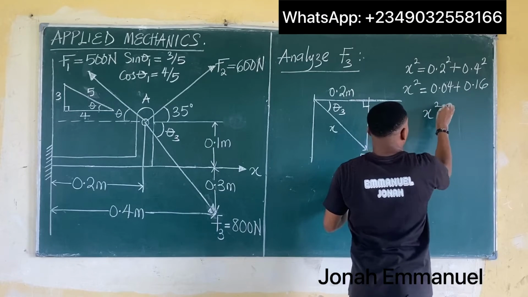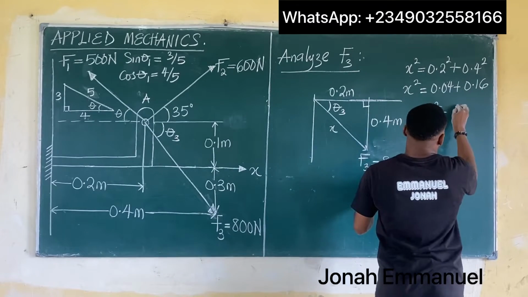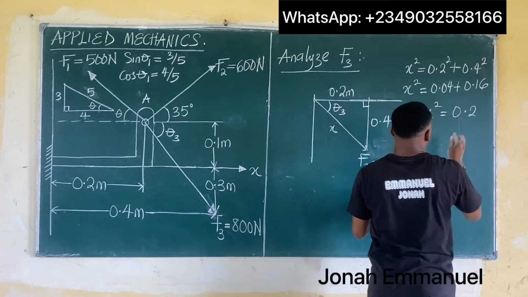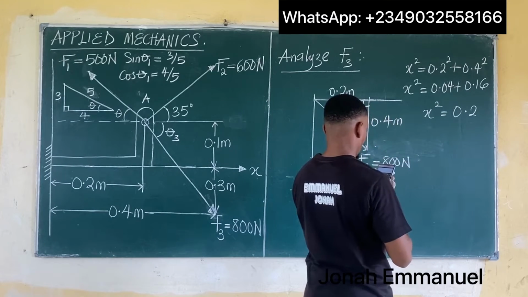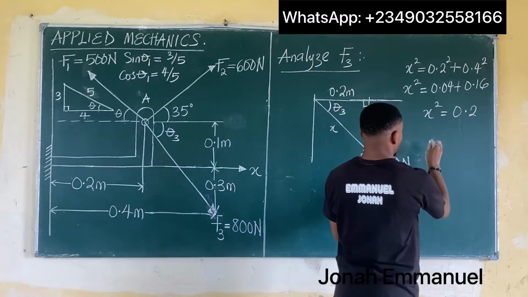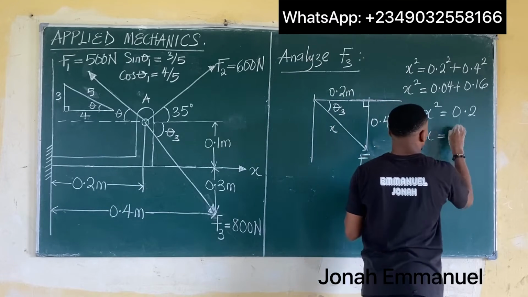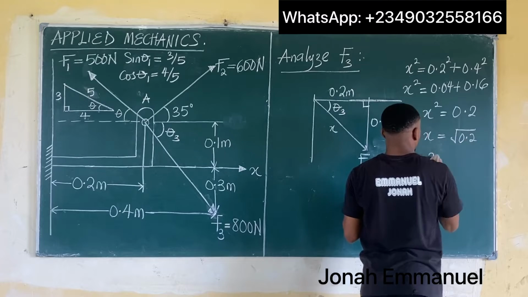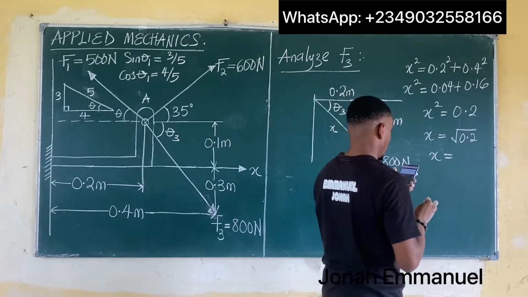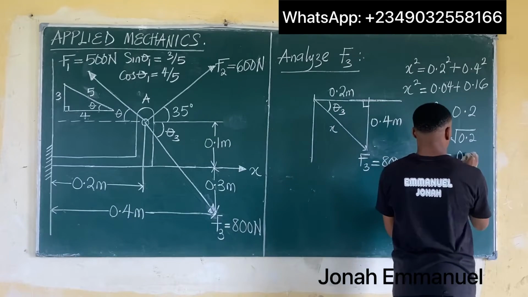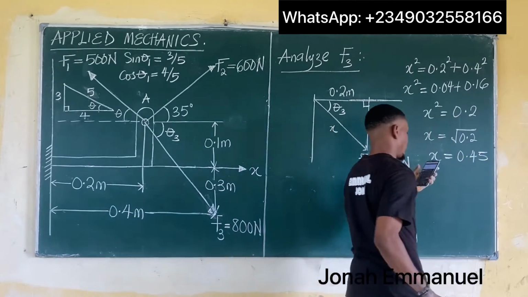So x squared is equal to 0.2. Yep, 0.04 plus 0.16, 0.2. So x is equal to root 0.2. X is equal to the square root of 0.2. That's 0.45 meter approximately.